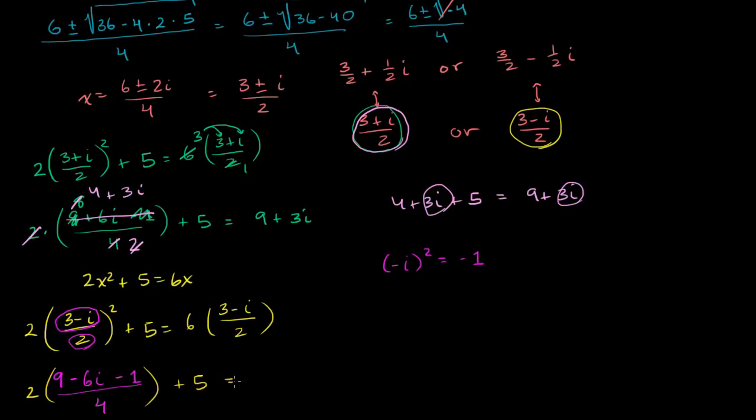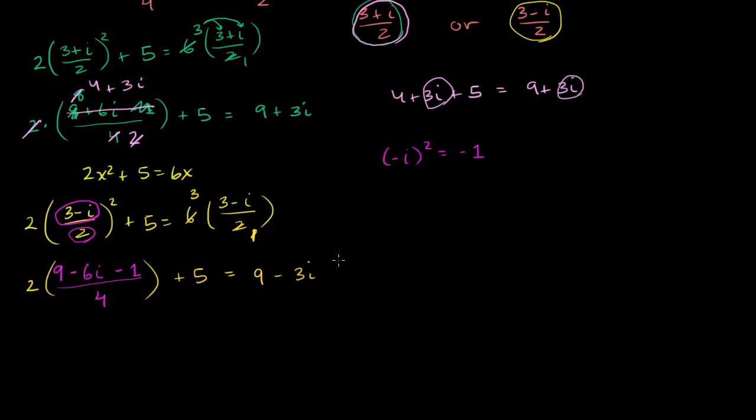Plus 5 needs to be equal to, well, before I even multiply it out, we can divide the numerator and the denominator by 2. So 6 divided by 2 is 3, and 2 divided by 2 is 1. So 3 times 3 is 9, and 3 times negative i is negative 3i. And if we simplify a little more, 9 minus 1 is going to be 8, so we have 8 minus 6i.